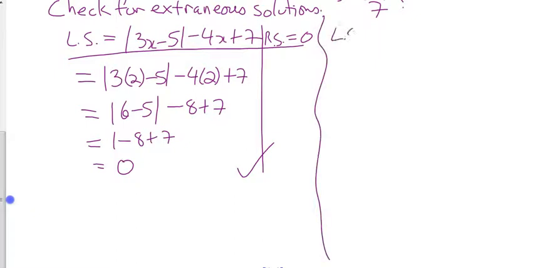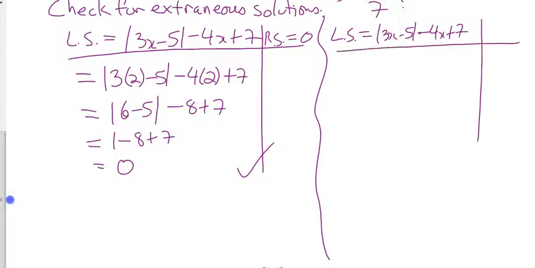Now we're going to do the same thing again with 12 over 7. So it's the absolute value of 3 times 12 sevenths minus 5, minus 4 times 12 sevenths plus 7.